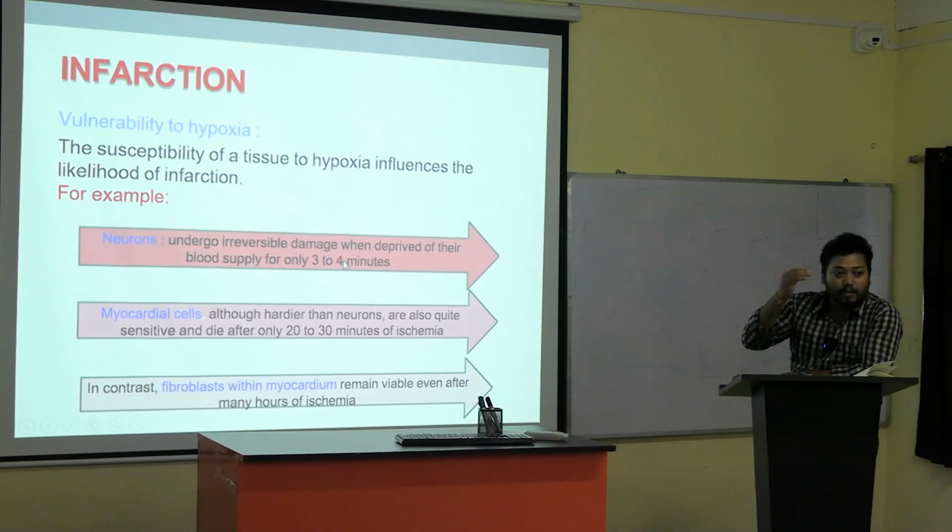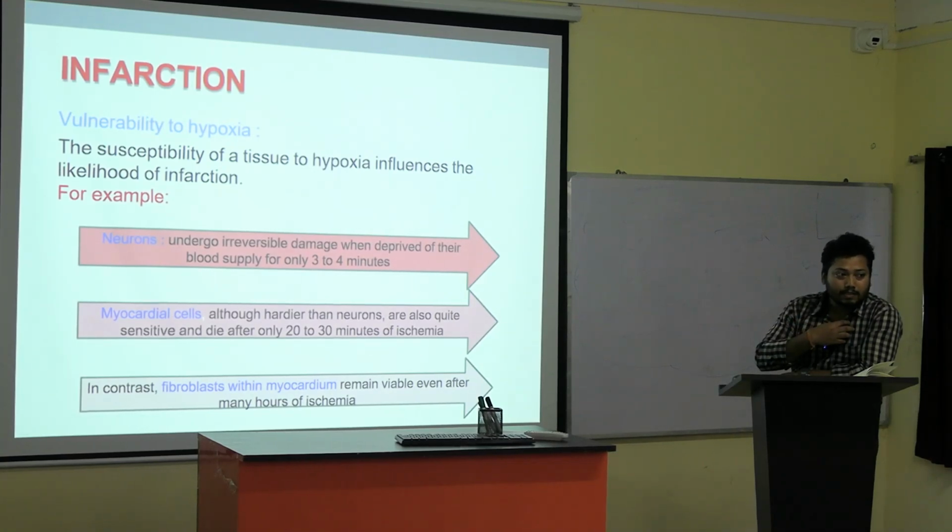Different organs and different cells have different criteria and conditions. Like the neurons in our brain, if they don't get blood for more than 3 to 4 minutes, they will start to die off. But myocardial cells, although hardier than neurons, are quite sensitive and die only after 20 to 30 minutes of ischemia. This means neurons die off in 3 to 4 minutes if they don't get oxygen or blood.